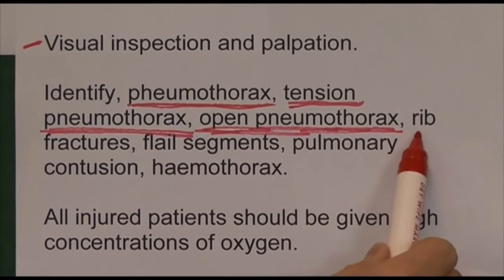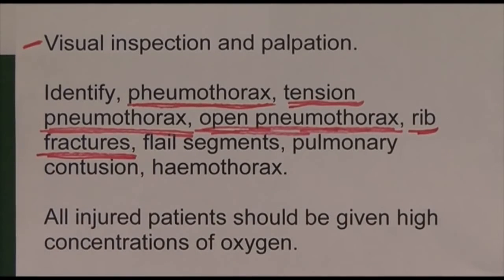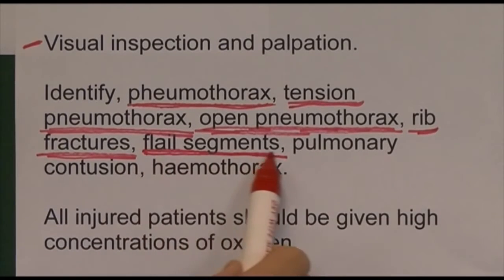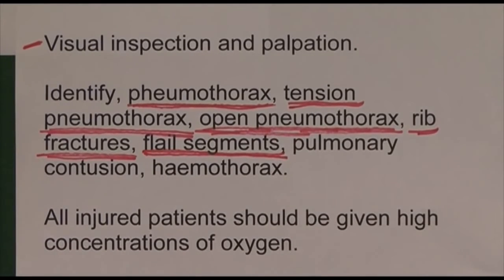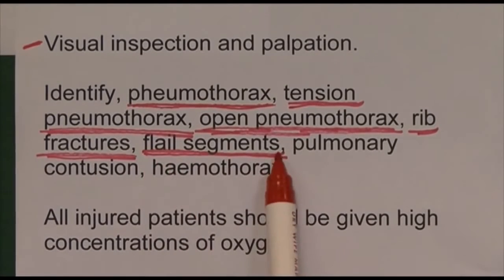There may also be rib fractures, preventing normal chest excursion. And a flail segment is where two or more ribs are broken in two or more places, meaning that part of the chest wall is disconnected from the rest of the chest wall, meaning it doesn't move with the rest of the chest wall.